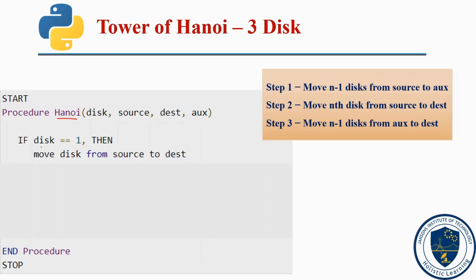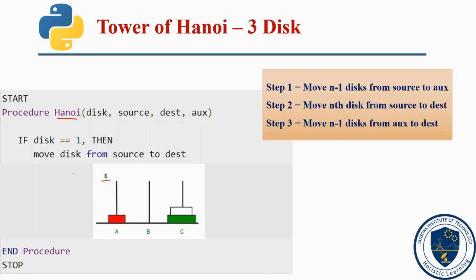So first I will be checking if disk is only 1. If so, then I will move the disk from source to destination. So when we solve the puzzle with 3 disks, we will have the remaining 1 disk only at the 6th stage, where only the small disk has to be moved to the destination tower.